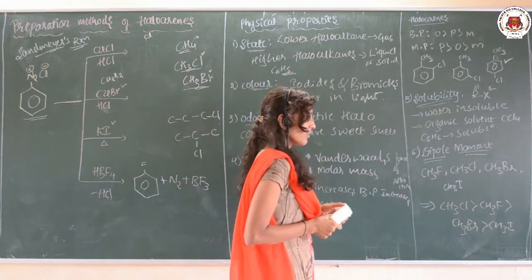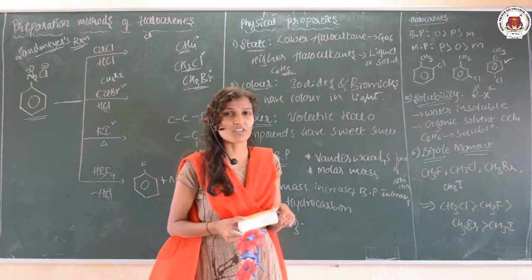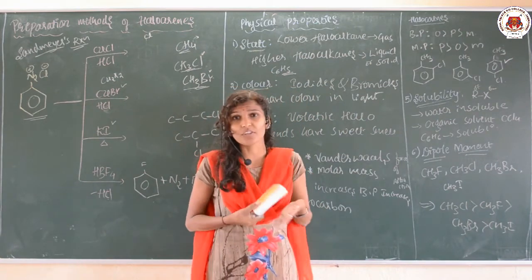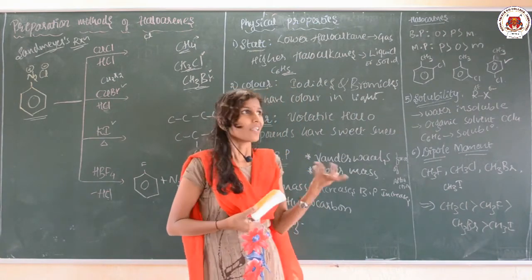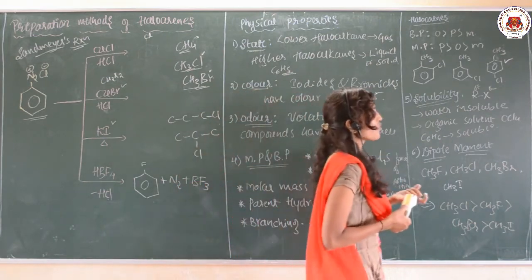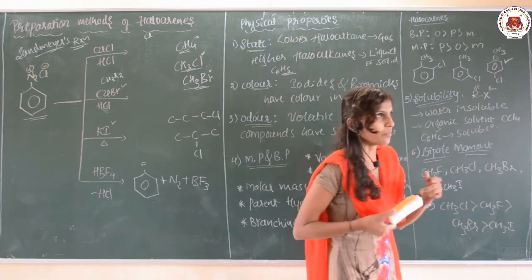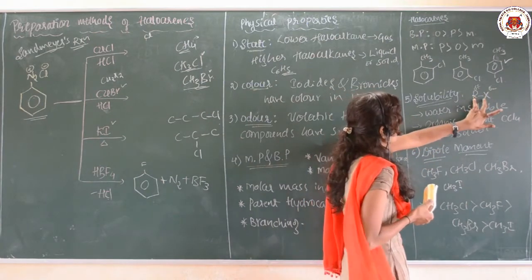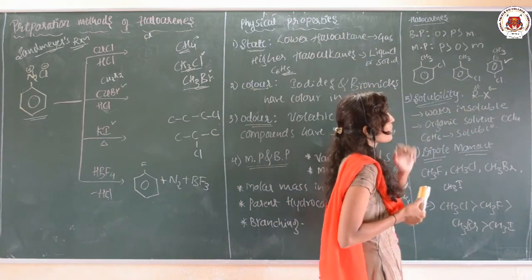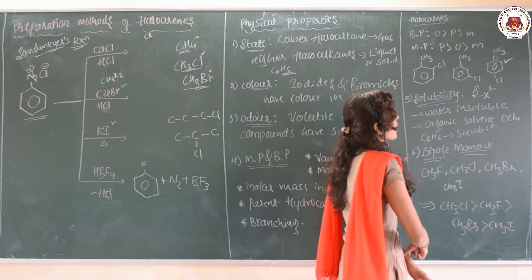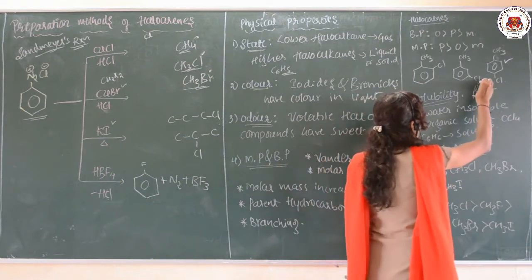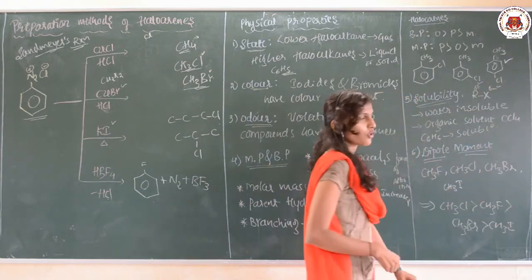Solubility, as we know that like dissolves in like, that is polar dissolves in polar. Like that we know the concept, but in case of our haloalkanes, what happens? It will be quite reversed. Haloalkanes are represented by the general formula RX. There is a generation of poles and it is a polar molecule.